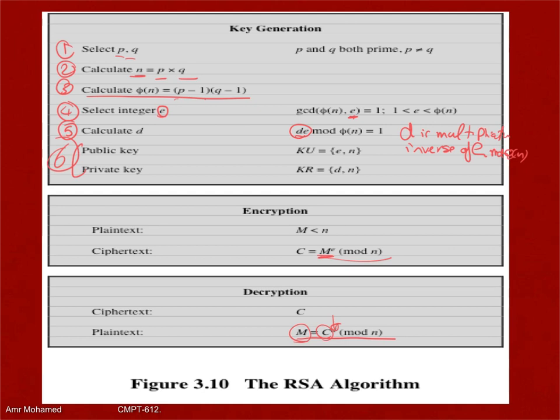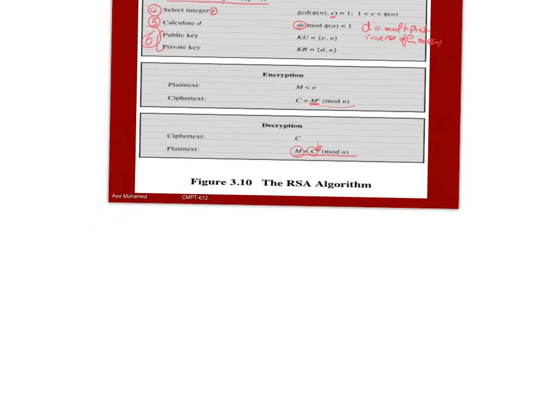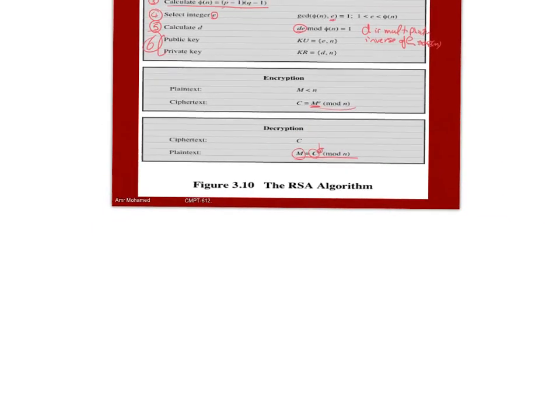How do we prove reversibility? So we need to prove that C to the power d mod n will lead to m. What is C? C is m to the power e mod n, all to the power d mod n.